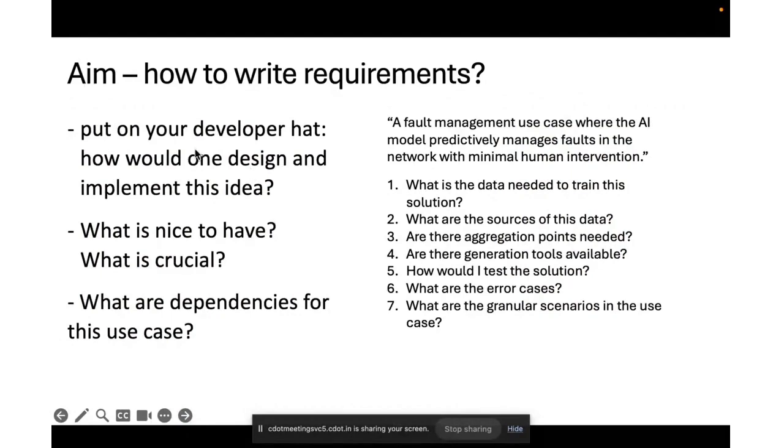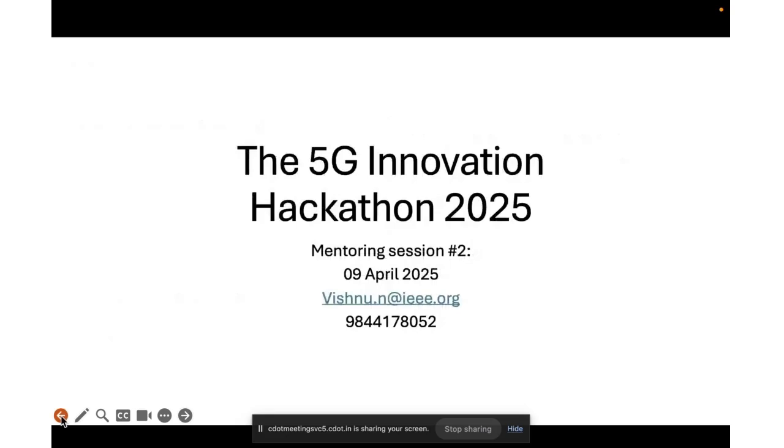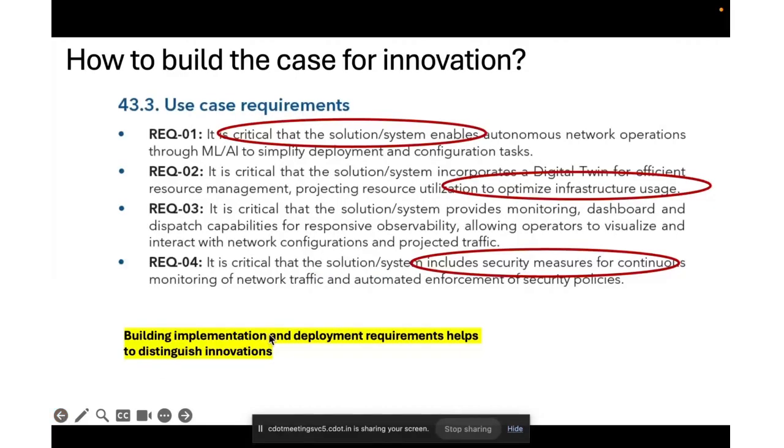Then I want to revisit how to write the requirements a little bit more, like last time. We just showed you one example, but I want to now take a little bit more examples on how to write requirements. Please remember what I told you previously as well. Writing good requirements brings out distinguishing aspects of your innovations.